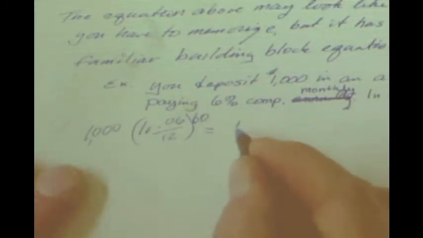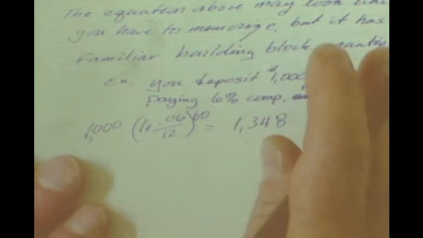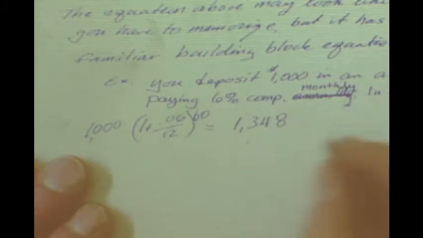Let's see what 1.005 to the 60th is. The answer is 1,348.85.